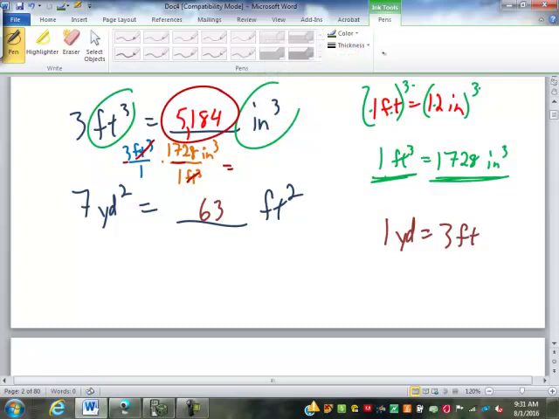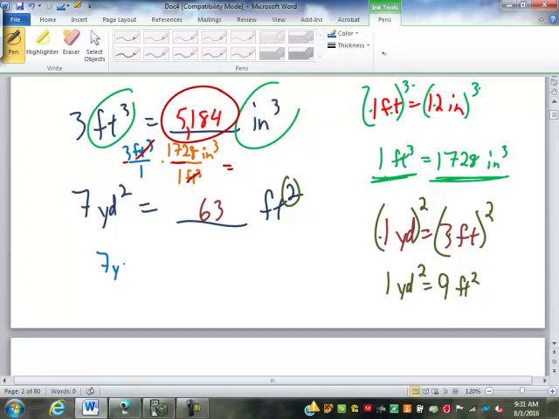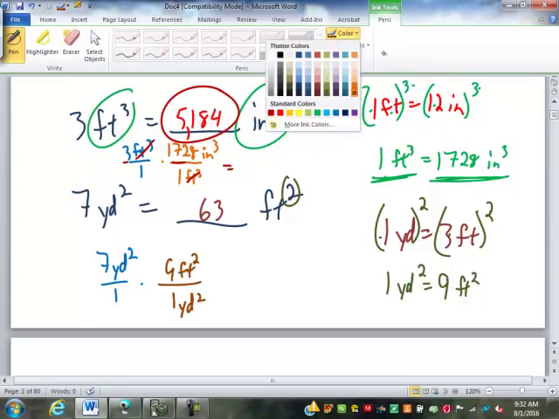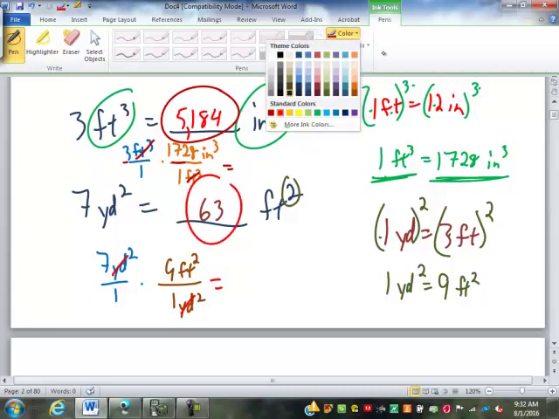So when we go to square those, because it is squared, we're going to square it. 1 squared is 1, yard squared is yard squared. 3 squared is 3 times 3, so that's 9. Feet squared are feet squared. So 1 square yard equals 9 square feet. So 7 square yards over 1 times 1 square yard, 9 square feet. Square yards cancel out. 7 times 9 is 63.